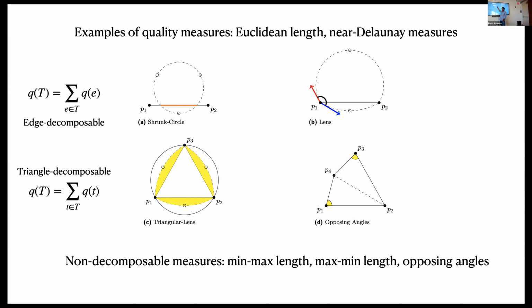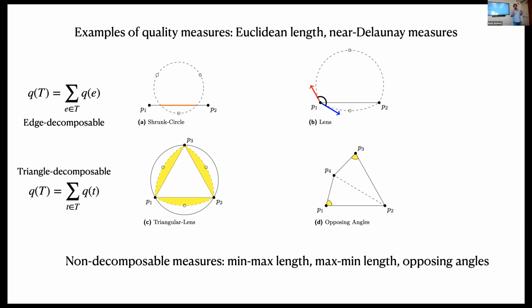Right? So if this edge was a Delaunay edge, then you would have an empty circle that contains this edge. But if this edge is not a Delaunay edge, then you can quantify how close this edge is to being Delaunay by taking the fraction of the length of the edge that is contained in the largest empty circle.